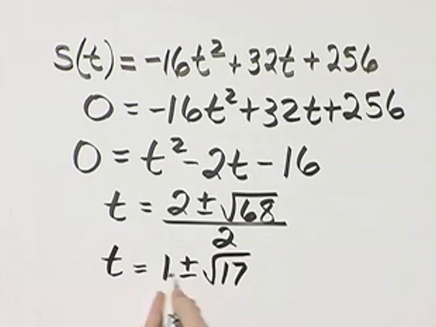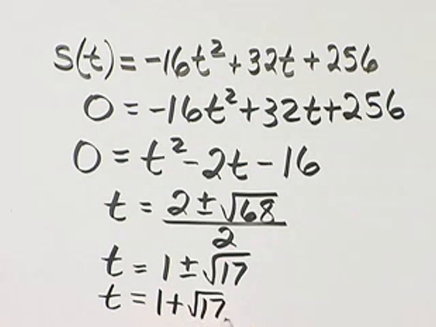If you find 1 minus square root of 17, that's a negative number, so we reject that proposed solution to our application, and t then is exactly 1 plus square root of 17 seconds. That is approximately 5.12 seconds. That's our time.